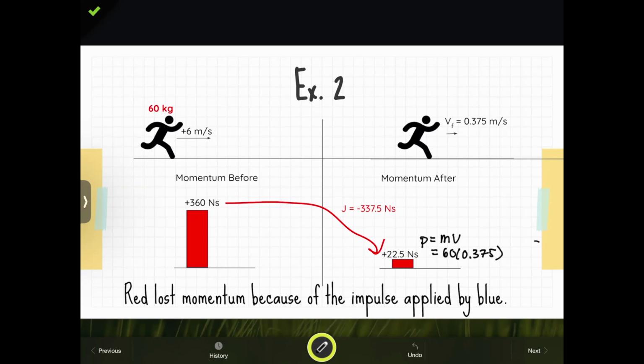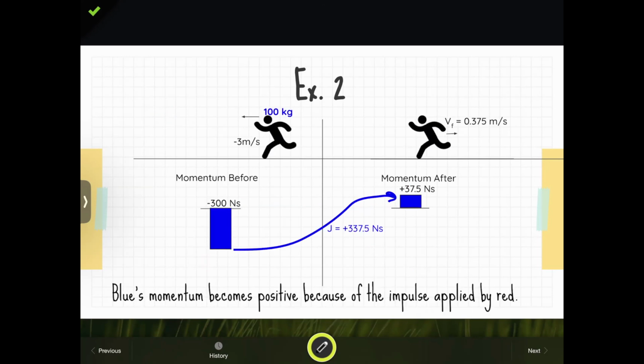So to add impulse to this idea, red loses momentum because there was an impulse. The force applied for some amount of time by blue made red lose momentum. How much momentum did they lose? That's impulse.